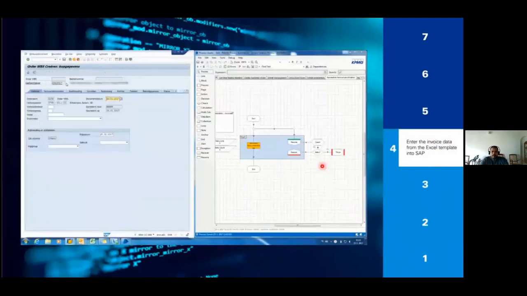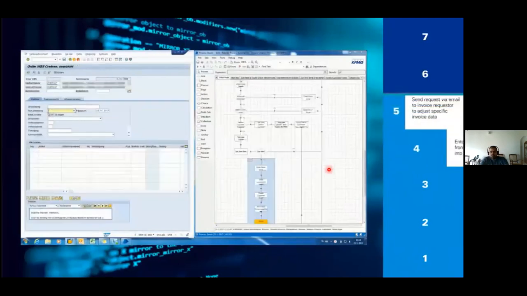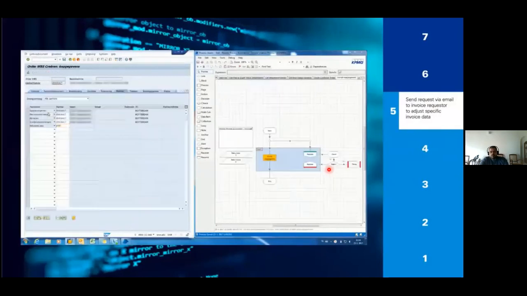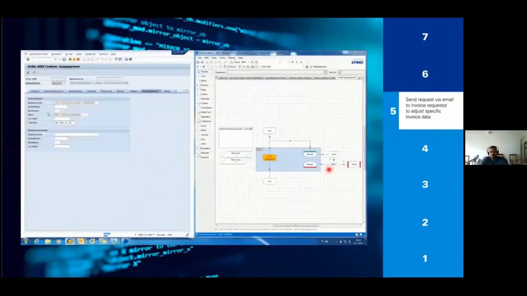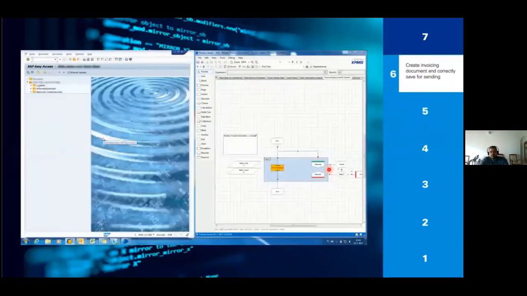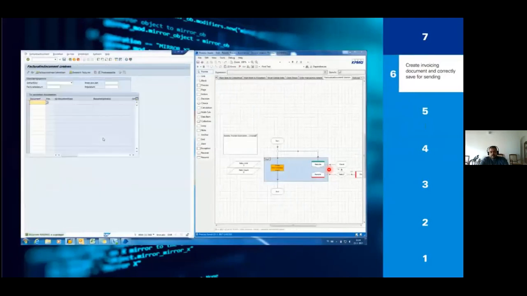Subsequently, the invoice data from the Excel template is copied and pasted into the relevant fields in SAP. The robot recognizes if essential information is missing in the invoice request. If this is the case, the robot sends an email to the invoice requester with a request to adjust the specific invoice data. When all the data is entered in SAP, the robot creates the invoice by running the correct transactions.